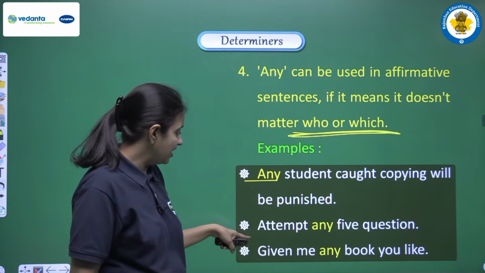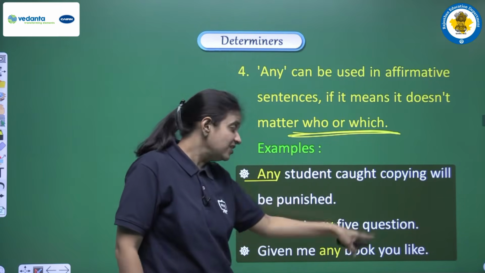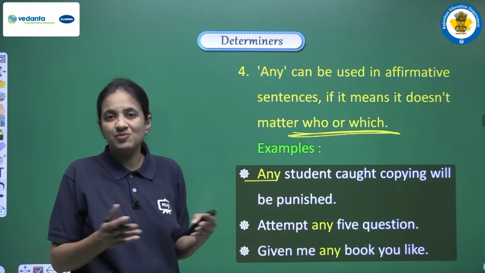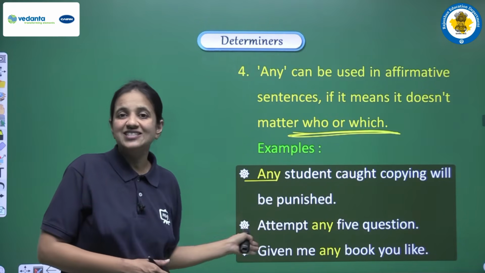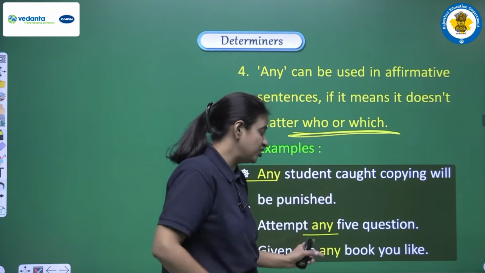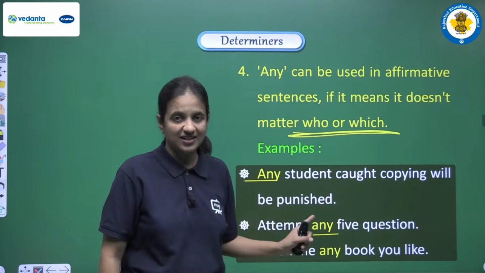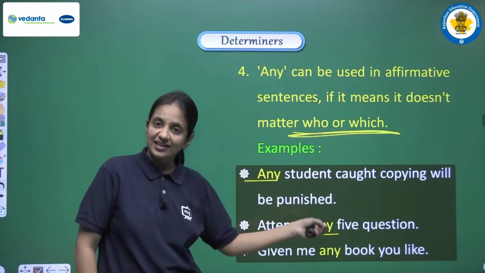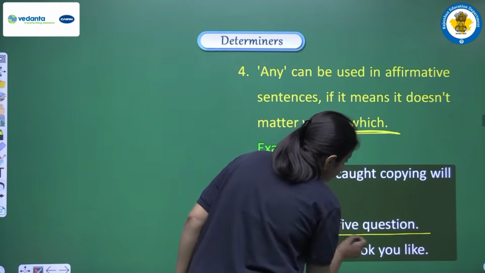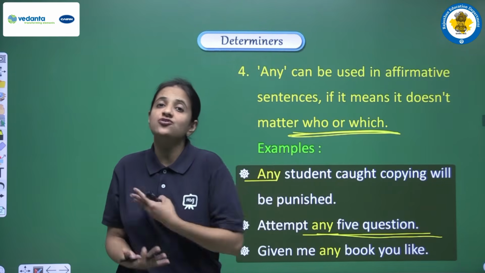One more example we are having here, attempt any 5 questions. So this is a very common sentence, right? Whenever we solve a question paper, generally we get this kind of instructions in the question paper, attempt any 5 questions. Again this is a positive sentence, right? But we are having any here. Why? Because we are saying this thing that attempt any 5 questions, no matter which 5, right?